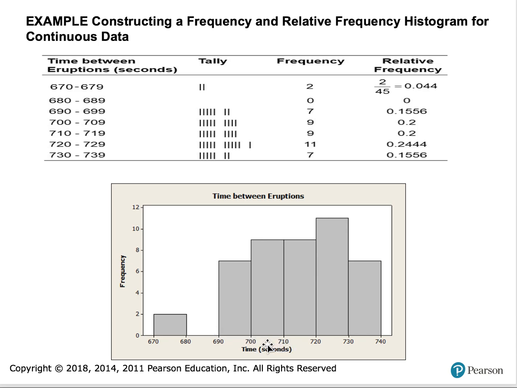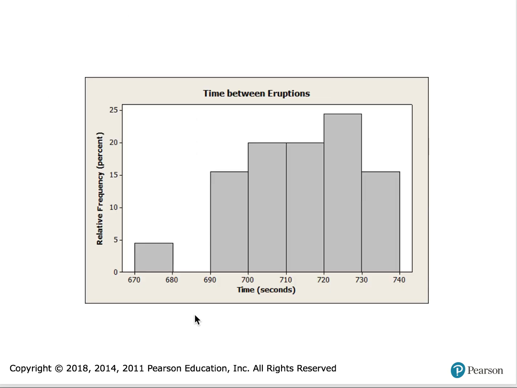For each class, draw a rectangle whose width is the class width and whose height is the frequency. So it's exactly the same as our bar graph, except these values touch. Okay, if you're doing a relative frequency, same exact thing. The only difference is the scale on your vertical axis.